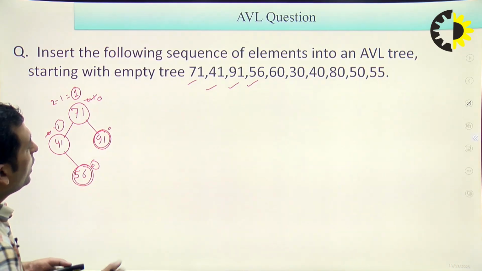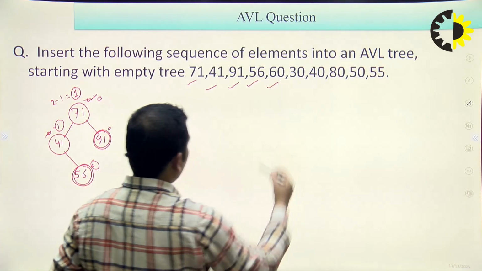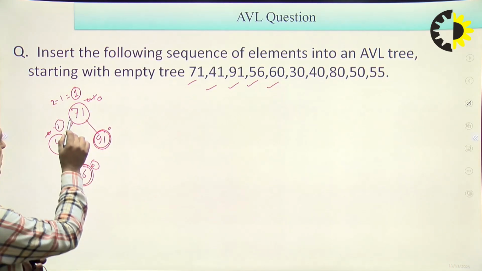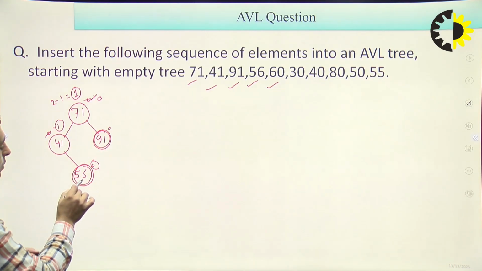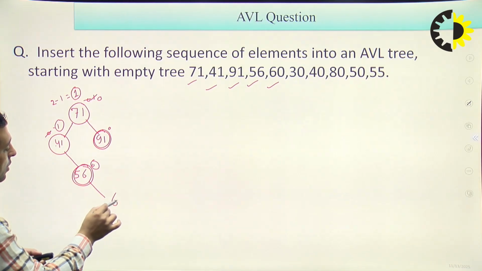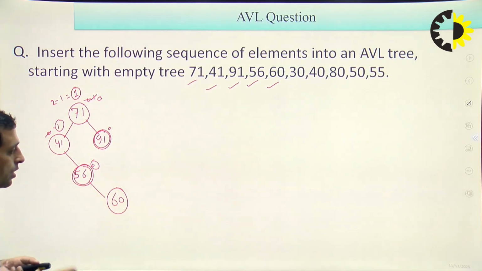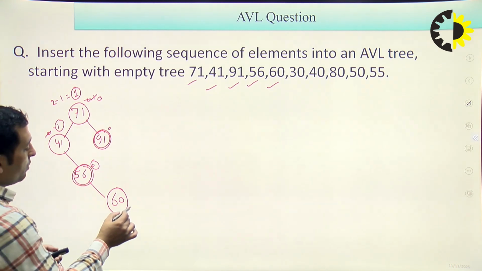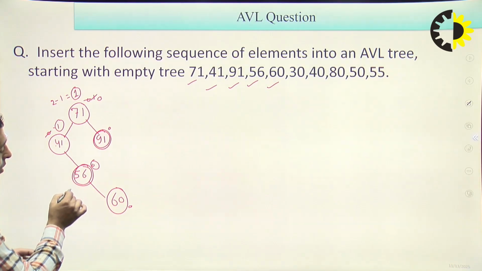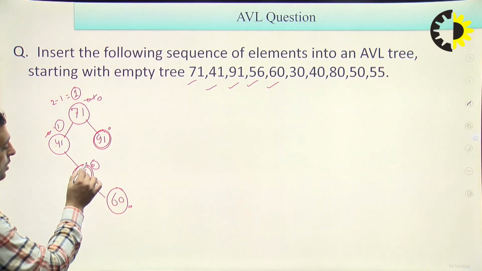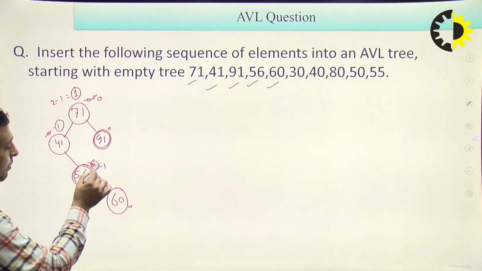Now insert the new value 60. 60 is less than 71, greater than 41 and greater than 56. So insert it here. Now, after inserting 60, recalculate the balance factor. The balance factor of 60 is 0, a leaf node. For 56, it is 0 minus 1, that is minus 1, accepted.